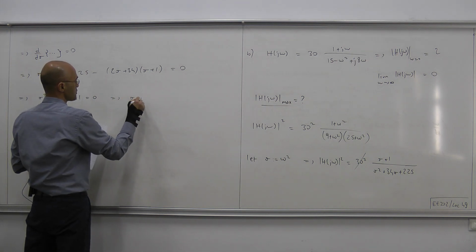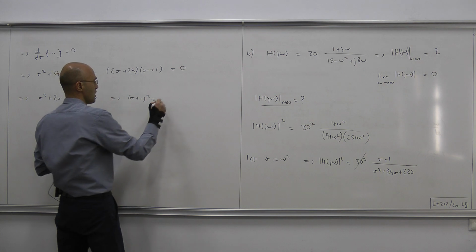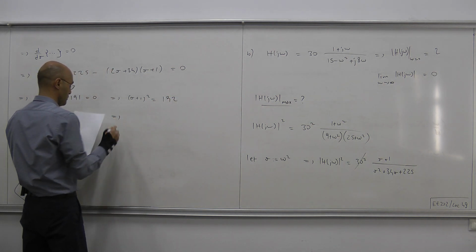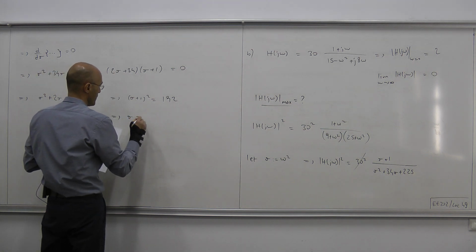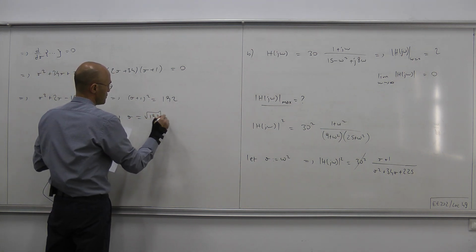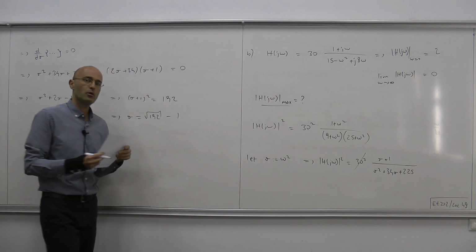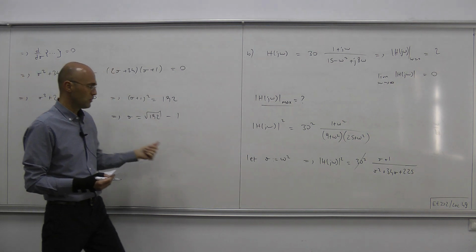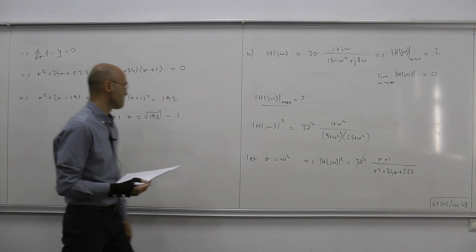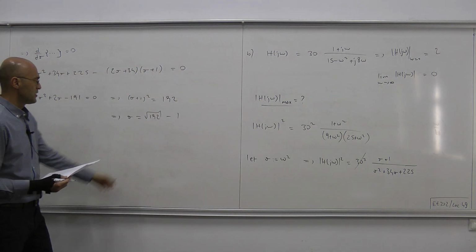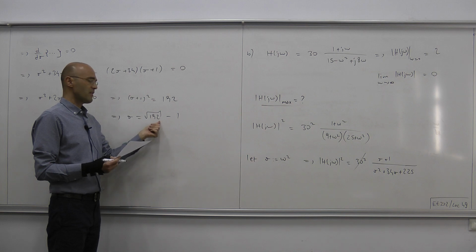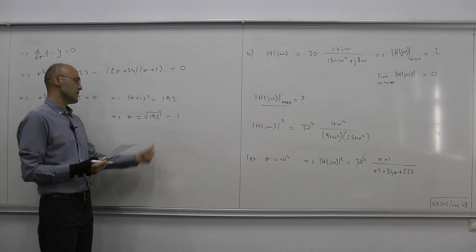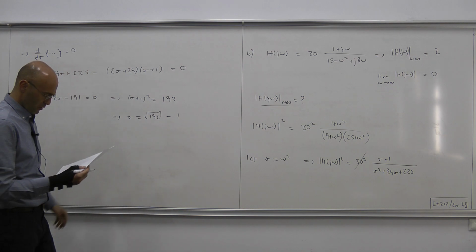That's (σ plus 1) squared equals 192, and that produces σ equals the square root of 192 minus 1. Note that we're only interested in the positive root because σ is something squared. So this is roughly the square root of 196, which is 14, minus 1, so that's 13.